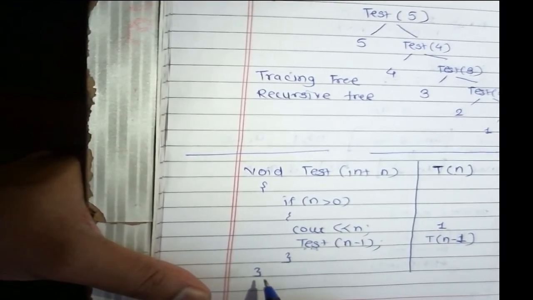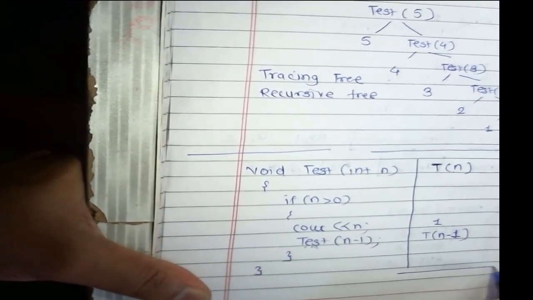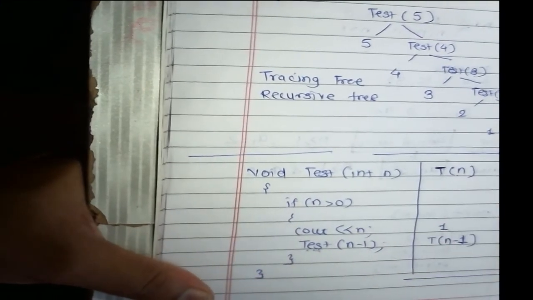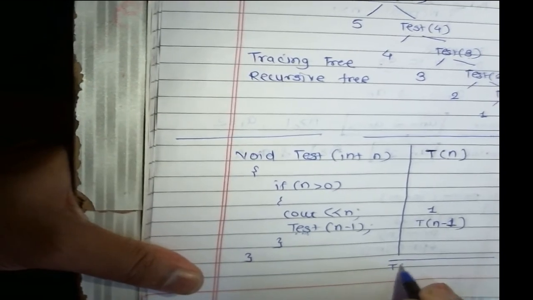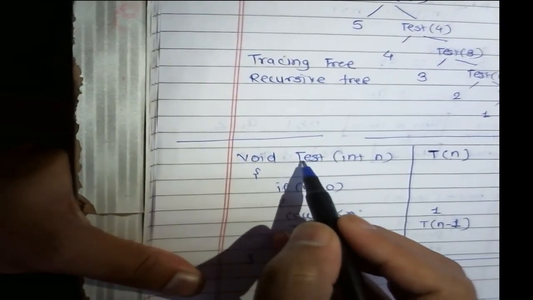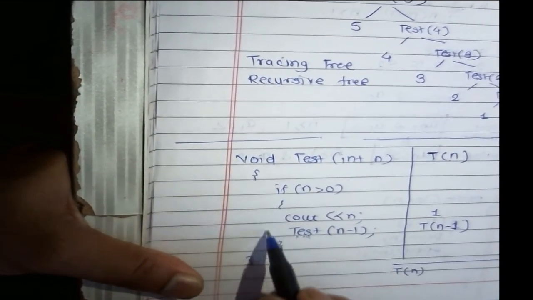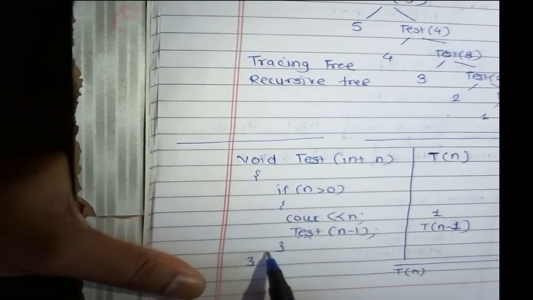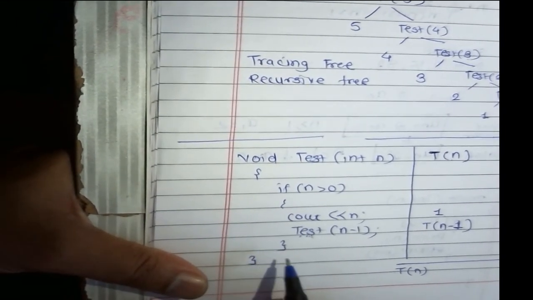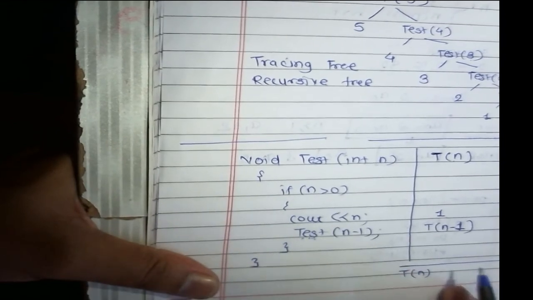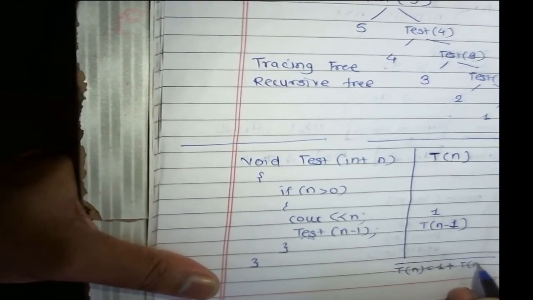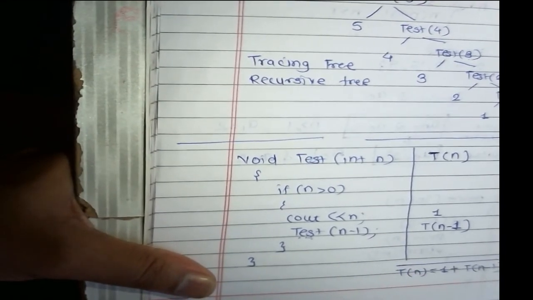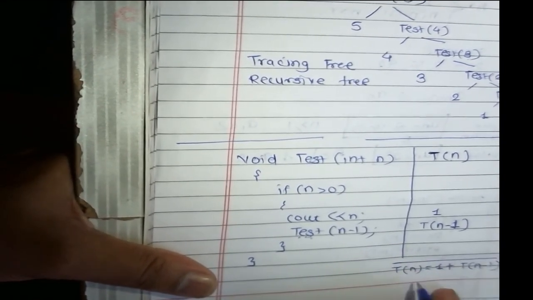So the execution times all get added: T of n is 1 plus T of n minus 1, where T of n minus 1 is the previous term.